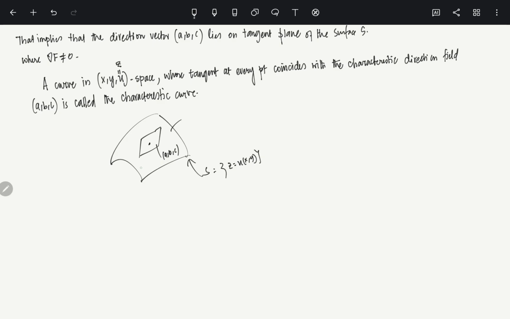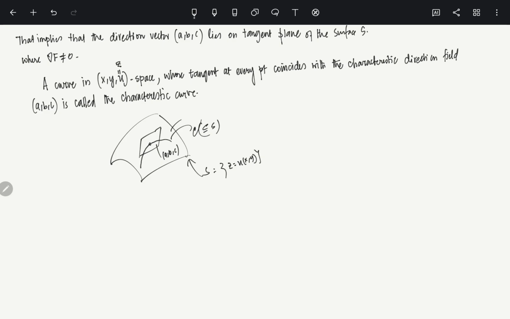So what we are doing is, first of all, we are looking at a curve. Let's call the curve C. C is such that it lies on the surface. What is the characteristic of C? What is the identification of C?